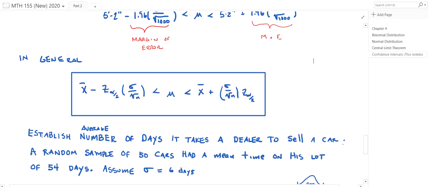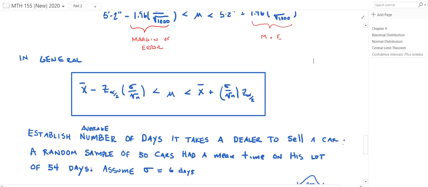So we want to establish the number of days it takes a dealer to sell a car, essentially the average number of days. So we take a random sample of 50 cars, and we find that they spend a mean time on his lot of 54 days. So I guess he sells a car on average in 54 days.